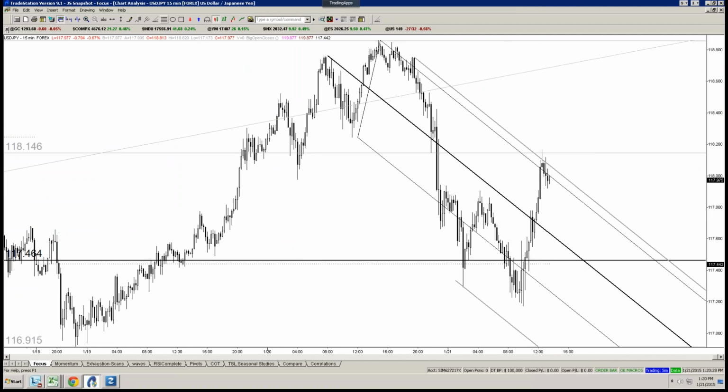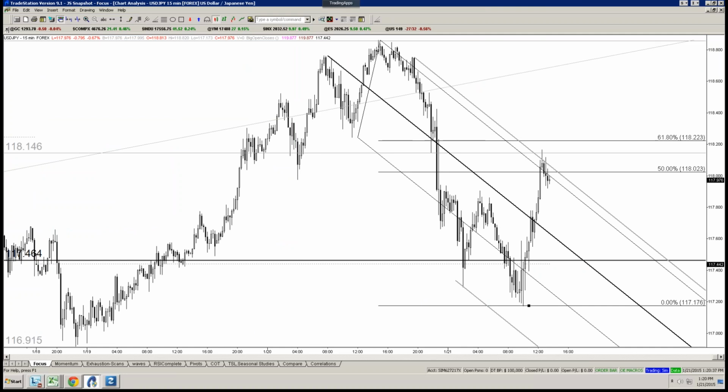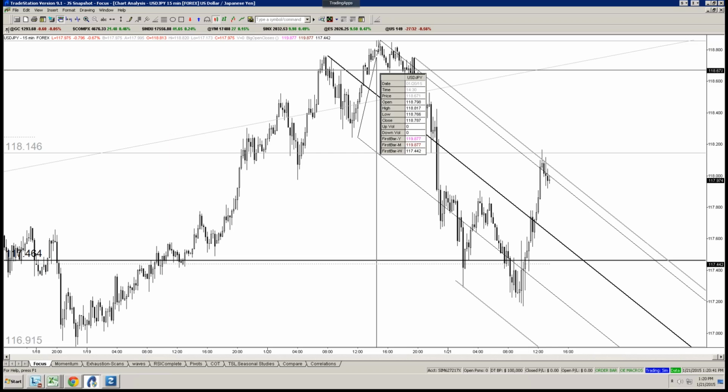For one, it's not just the parallels that we've got here. It's also within the 50 to 61.8 retracement area of the range of the day, right?